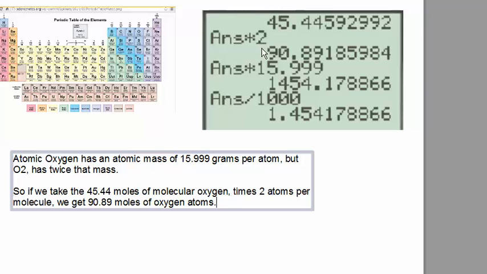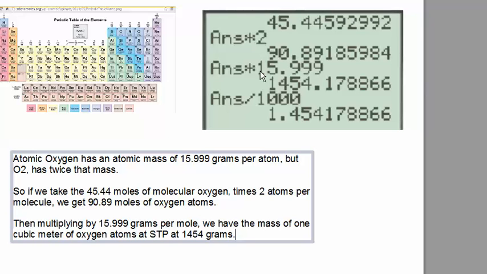So if you take the 45.45 moles of molecular oxygen times 2 atoms per molecule, we'll have 90.89 moles of oxygen atoms. Then, multiplying by 15.999 grams per mole, we have the mass of a cubic meter of oxygen atoms at STP, standard temperature and pressure, at 1454 grams.